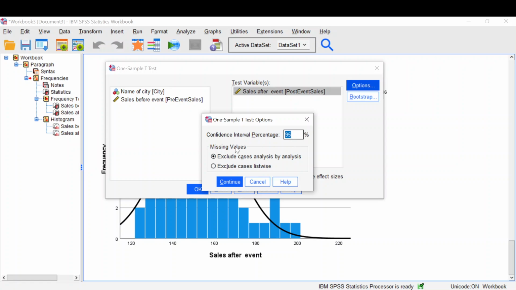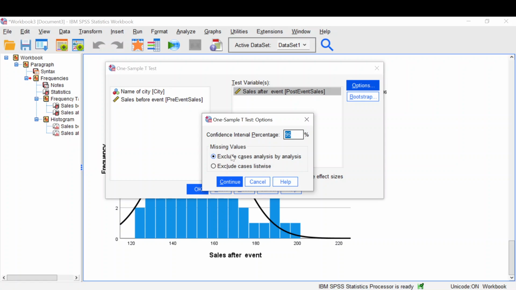Okay, this here is in regard to missing values. Our data set doesn't have any. However, if you did have some missing values, it's important to tell SPSS what you're going to do with them. I strongly encourage you to always select exclude cases analysis by analysis. Another way of wording that is exclude cases pairwise.